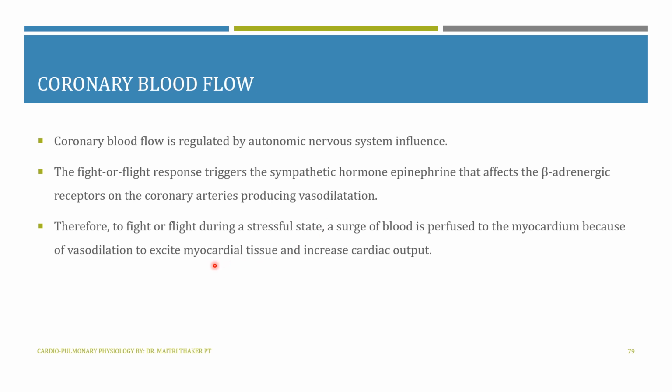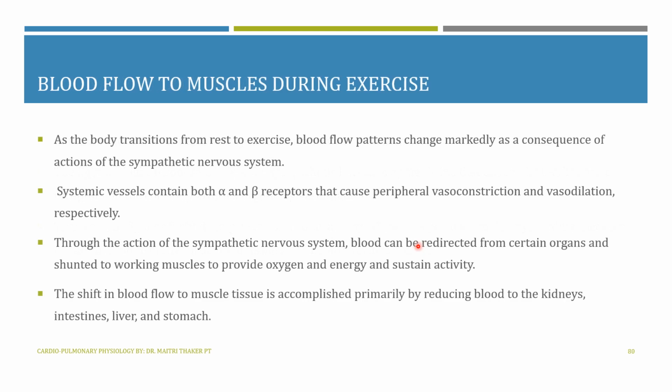So there will be an increased amount of blood due to vasodilatation. The diameter will increase, there will be an increased amount of blood, and because of that, the cardiac output will increase. The opposite will happen during parasympathetic influence.